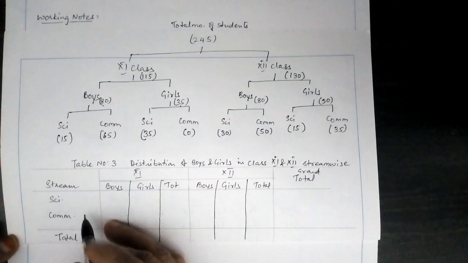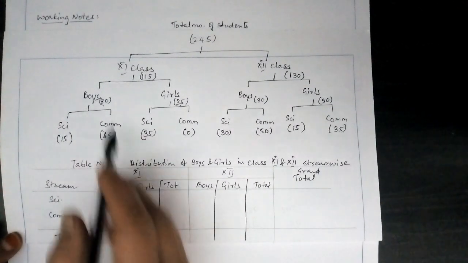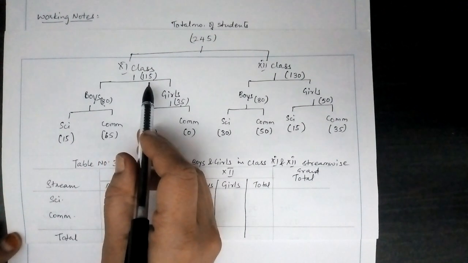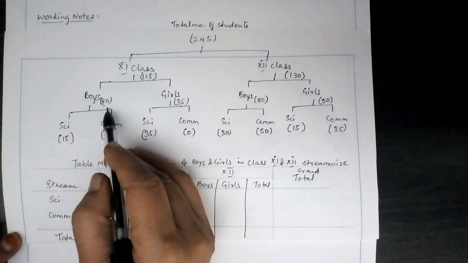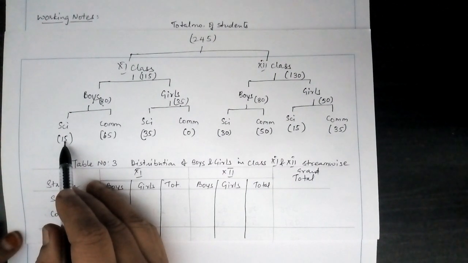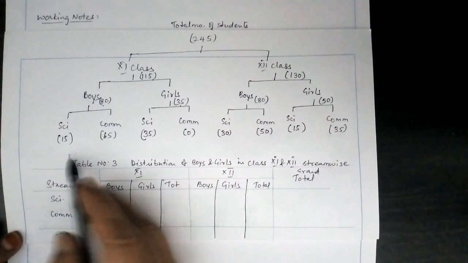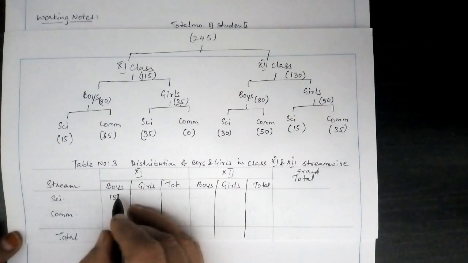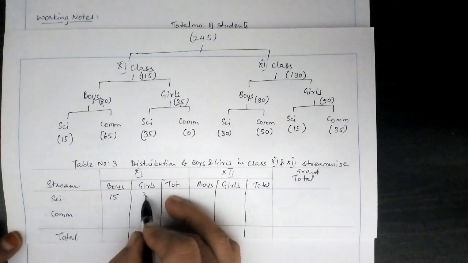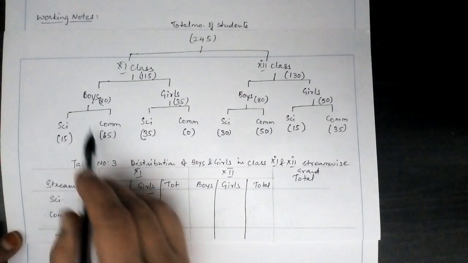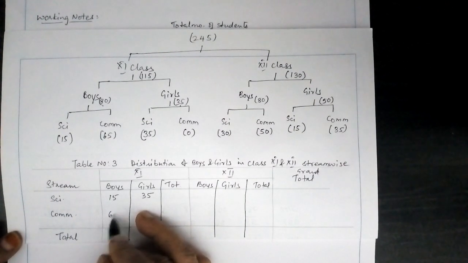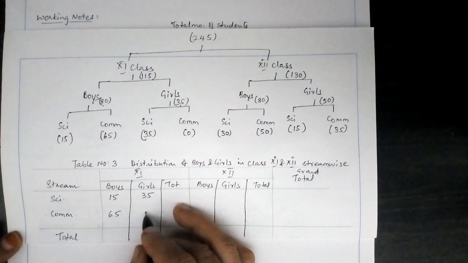So 11th class, let us see, in 11th class total is 115, number of boys is 80, and boys who have taken science is 15, and girls who have taken science is 35, and boys who have taken commerce is 65, and girls who have taken commerce is 0.